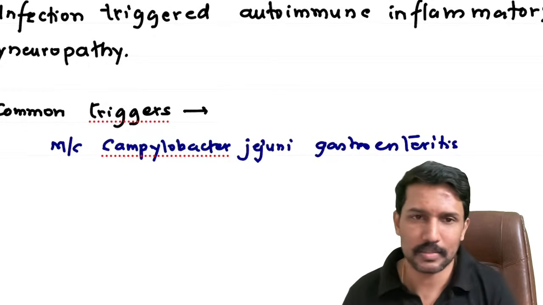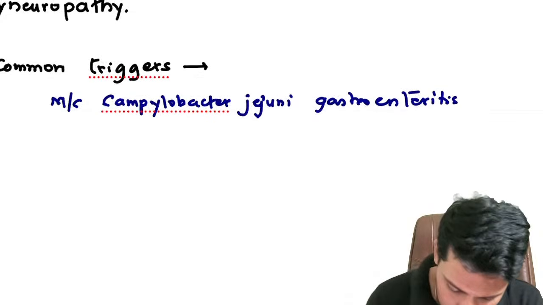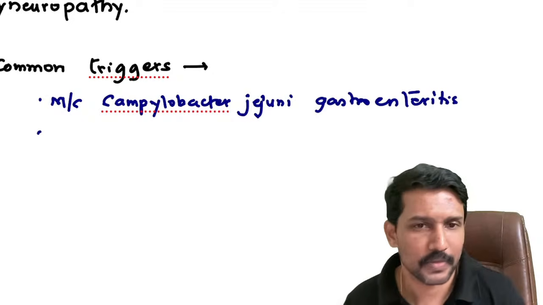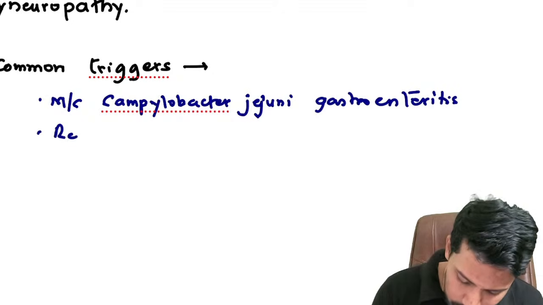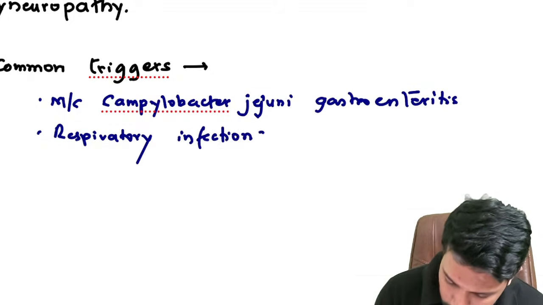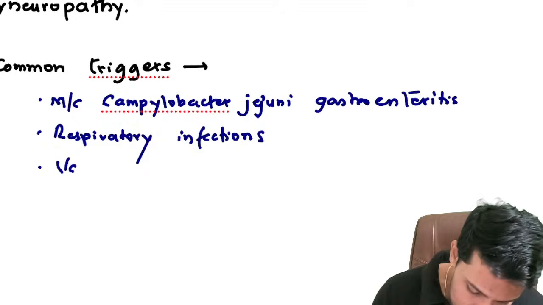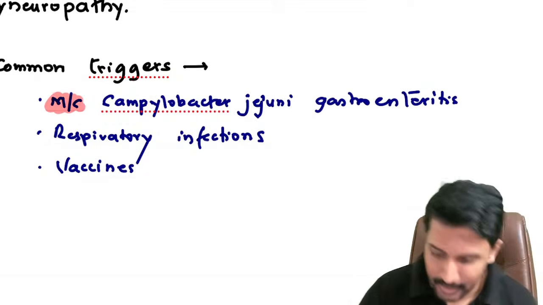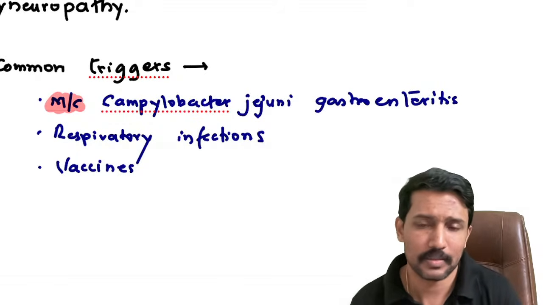Among them, most commonly it is Campylobacter jejuni. Can COVID trigger? Yes, there were cases of COVID triggered GB syndrome as well. So it could be respiratory infections and then vaccines. So these are the common triggers. The most common one is gastroenteritis caused by Campylobacter jejuni.